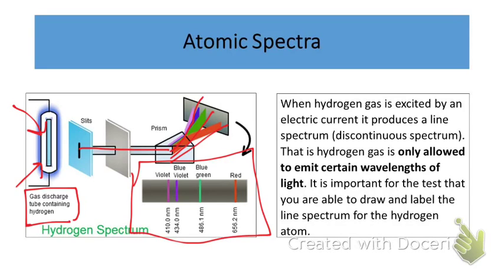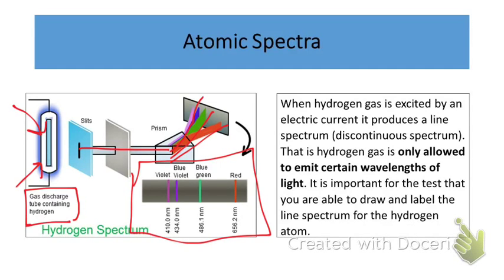It can emit red light at 656.2 nanometers, a blue-greenish light at 486.1 nanometers, which we mainly call blue, and then 2 violet lights, one at 434 nanometers and one at 410 nanometers. Now you don't need to know the wavelengths, but I do expect you to know the 4 colors: red, blue-green, violet, and the other violet.